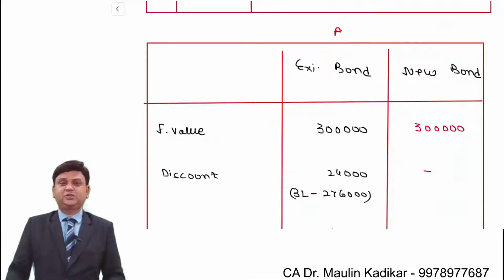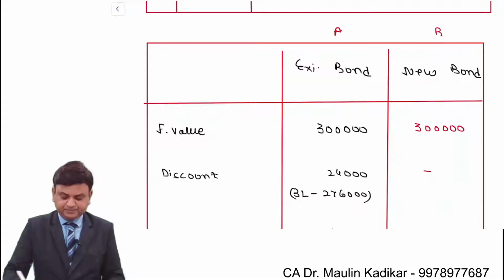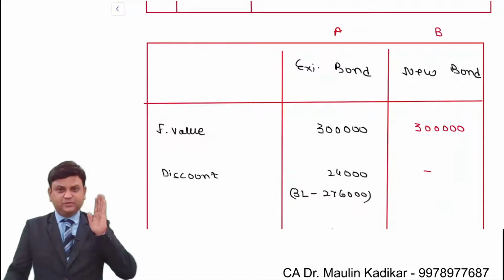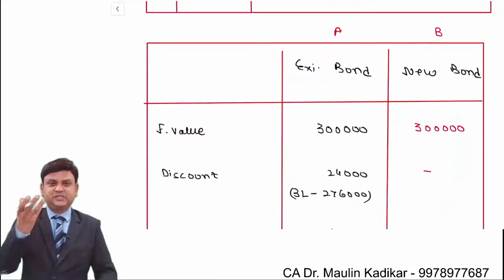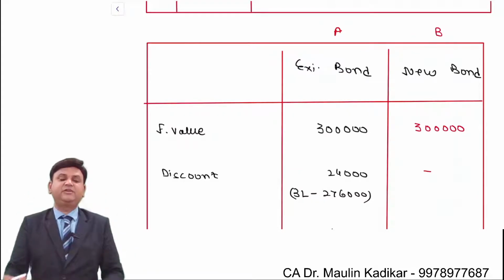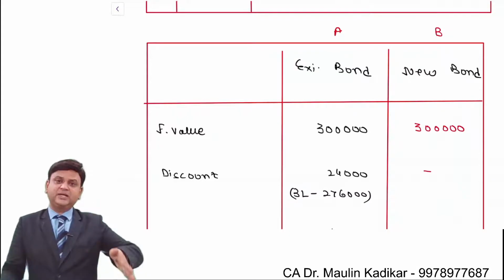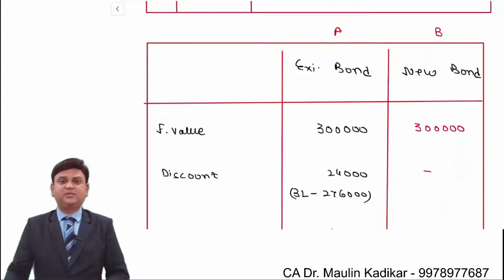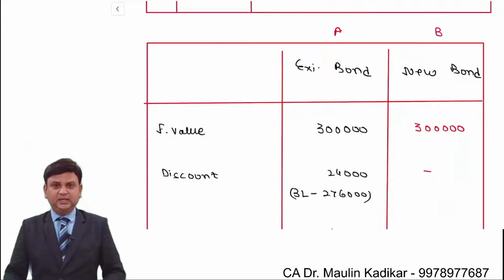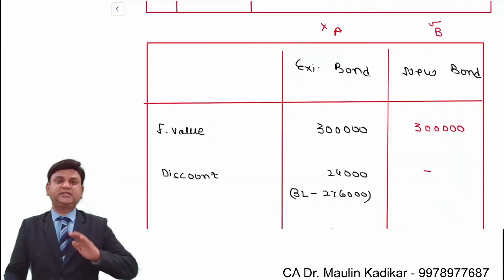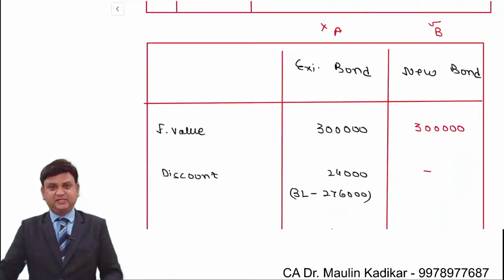We'll calculate the total cost for option B, that is the new bond. We will compare the cost for both of them, and the option which has comparatively the lower cost will be selected. That is the whole project point of view. Or otherwise, we can go for the incremental approach. Usually the incremental approach is B over A. It means let us go for the debt rescheduling instead of continuation with the existing debt finance.